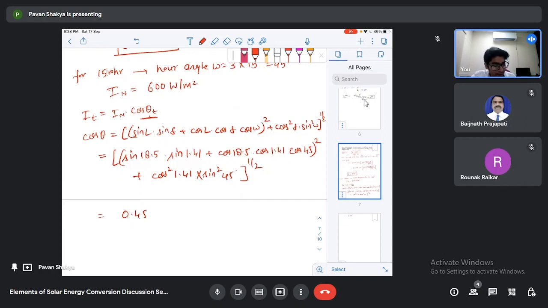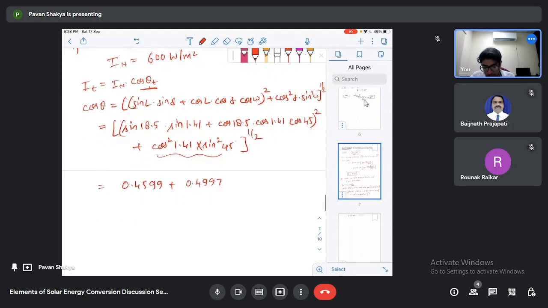For the first term, the whole square term will become 0.499, and the second term will become 0.4997. So this one is cos theta t. When you solve it, you will find that this theta t value comes out to be 16.34 degree.